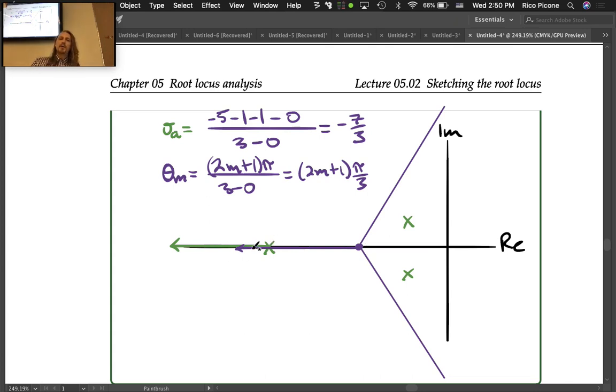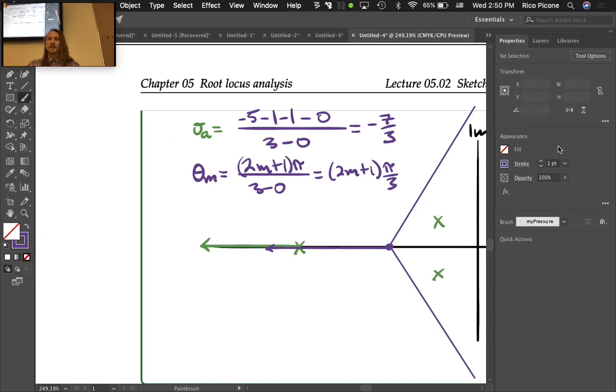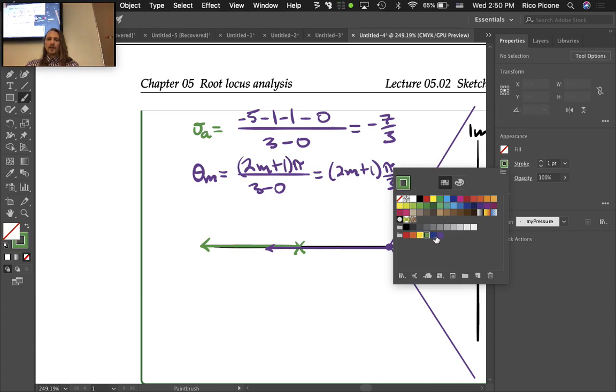Clearly, this pole is going to go to that asymptote, right? It's already going there. Now, the rest of it's just figuring out where these other two poles go to. So this pole is going to go to one of these two asymptotes, and this pole is going to go to one of these two. Usually they go to the asymptote they're closest to. There's a little bit of ambiguity here, but most of the time we don't need to worry about too much of this ambiguity, so we can fill in the rest of our root locus.